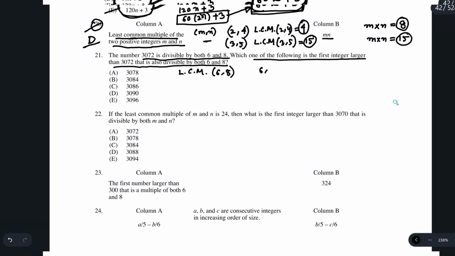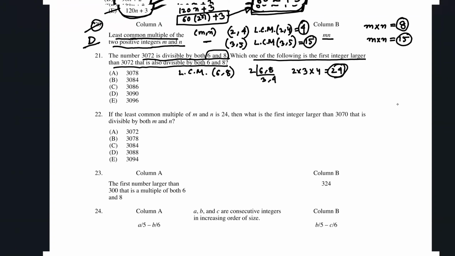The LCM of 6 and 8 is 2 multiplied by 3 multiplied by 4, which is 24. So 24 is the least common multiple, where 24 can be divided by both 6 and 8. So any number that is divisible by both 6 and 8 should be a multiple of 24.